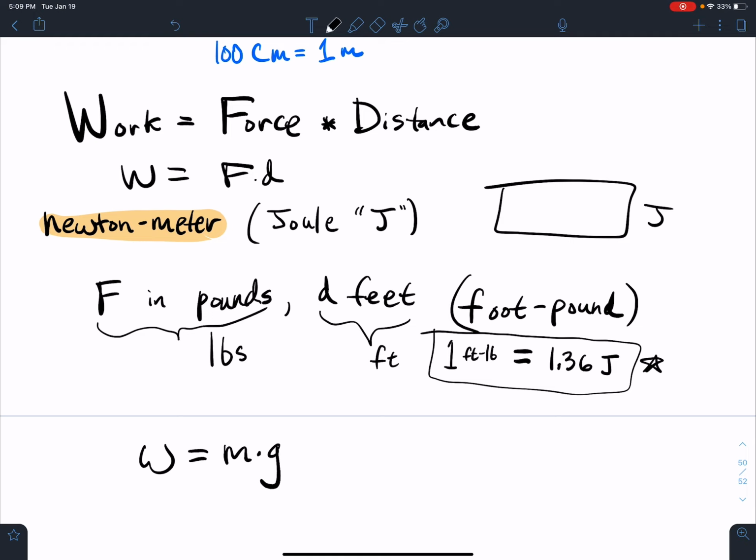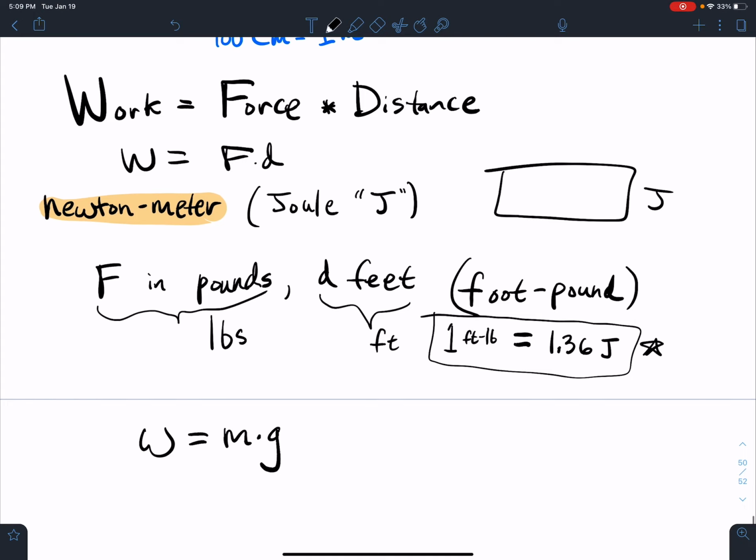When mass is given, it must be multiplied by the acceleration of gravity. So if all they say is the mass is equal to 52 or whatever, then you must multiply by the acceleration of gravity, maybe 9.8 meters per second squared, in order to get that weight.